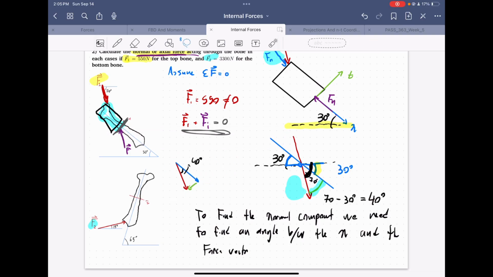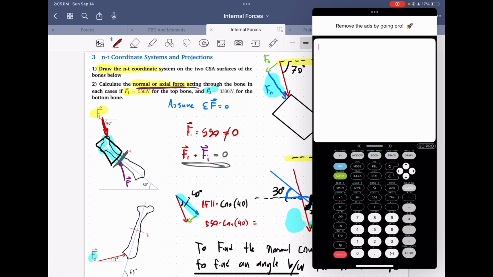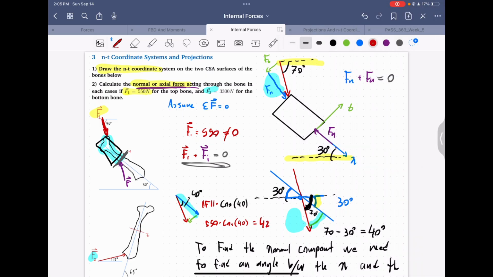Therefore, we know to find that blue, just like we do for x and y, we do the magnitude of F times cos 40, because again, this is on the adjacent side, which is going to equal 550 times cos 40, which gives us 421 newtons in that N direction.